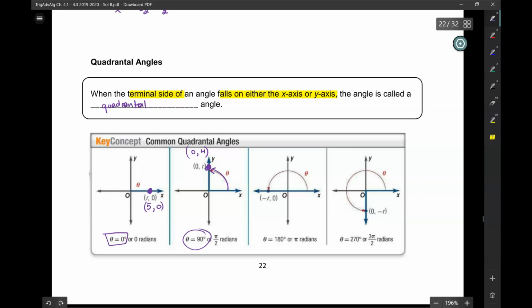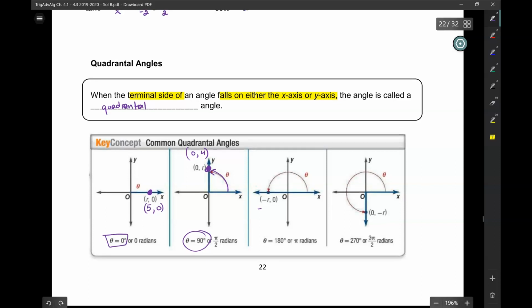Notice that too lies on top of an axis. That's the y-axis. Okay, so what if I have negative 2, 0? This time my point is on the x-axis on the left-hand side. That angle makes 180 degrees. And then lastly, what if I had something like 0, negative 3? That point is there, and that angle makes 270 degrees.